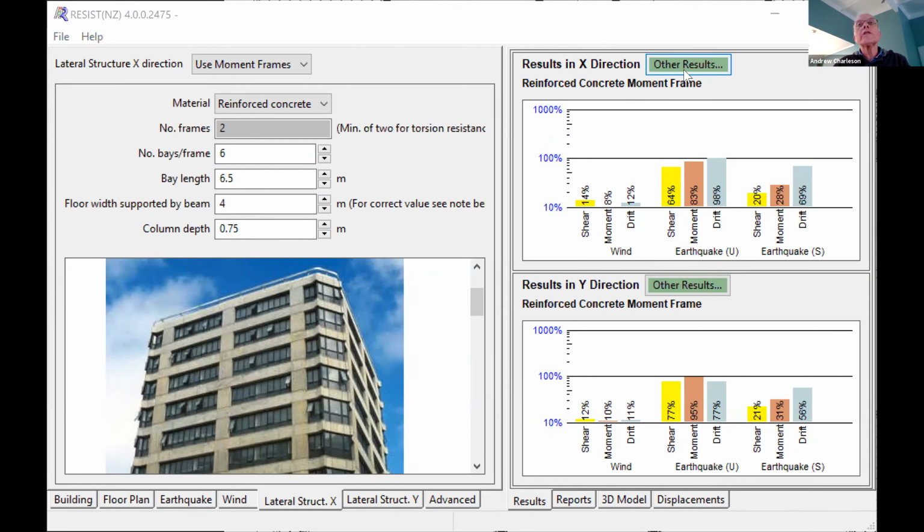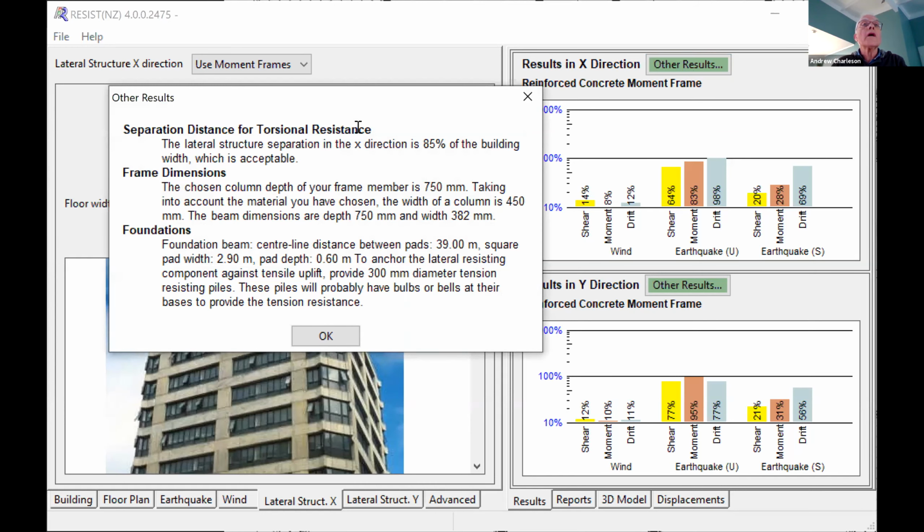Before we finish the design, we look at other results. And it gives me some information about torsion resistance. And it tells me that the depth of my moment frame member is 750 millimeters, which is what I put in. And the width of the column will be 45 centimeters wide.